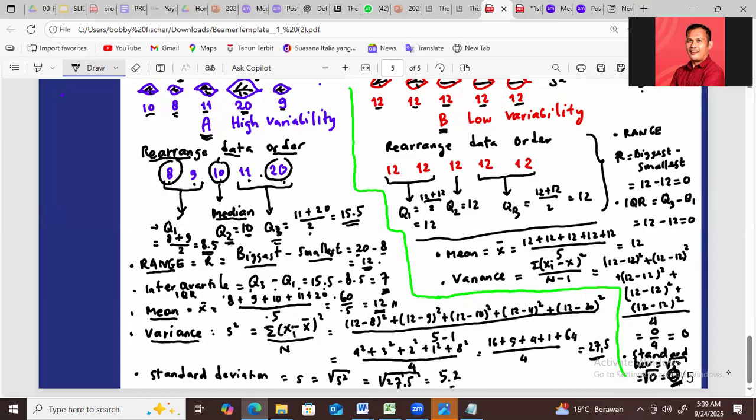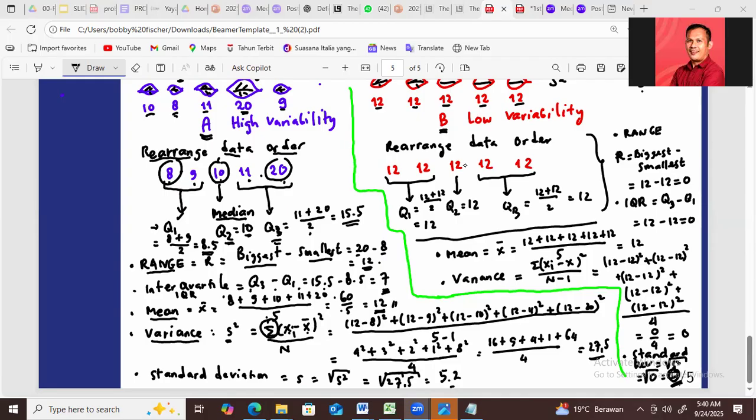After that, we can calculate the variance, or S squared, which is the sum of the squared differences between the data and the average of the data, divided by n minus 1. You can calculate the data minus the average, or the average minus the data, it is just the same.